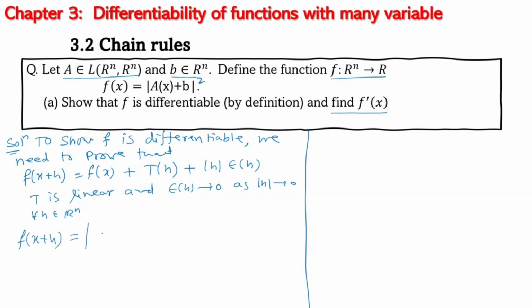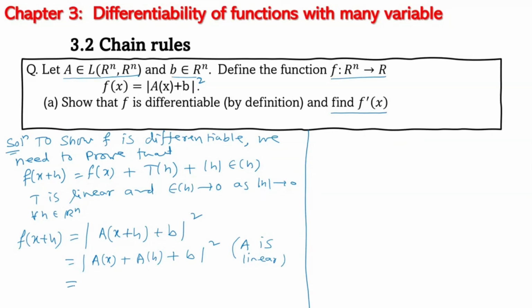So let's start with f of x plus h. By definition this is equal to the norm of a(x plus h) plus b, whole squared. This is equal to ax plus ah plus b whole squared, because a is linear.